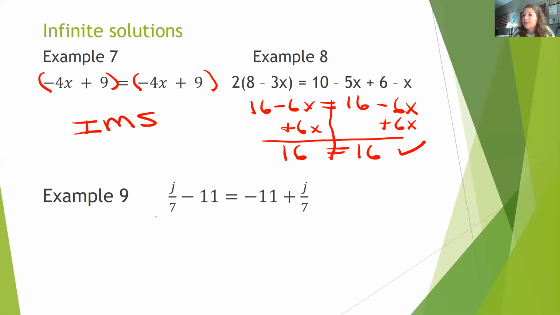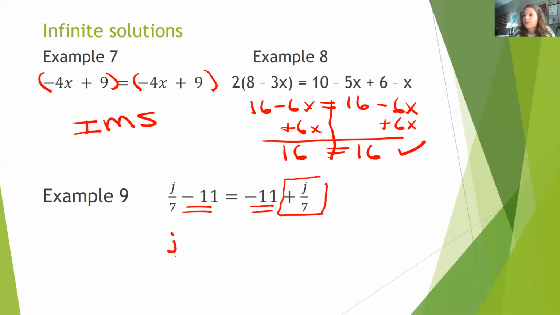All right, and then look at example 9. So even though these are in different orders, the signs match. For example, this fraction is a positive fraction, right? And this is a positive fraction, which means they are equal to each other. All right, what about the next number? The next number is a negative 11. Well, this is also a negative 11, which means these two equations match exactly.